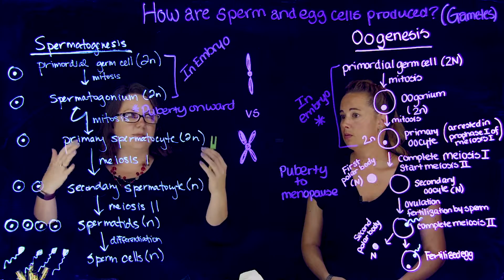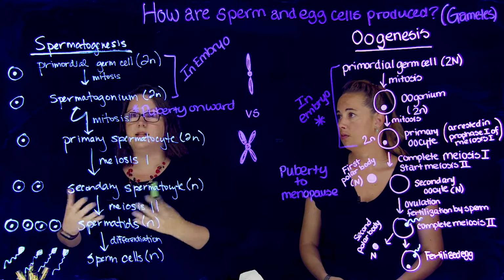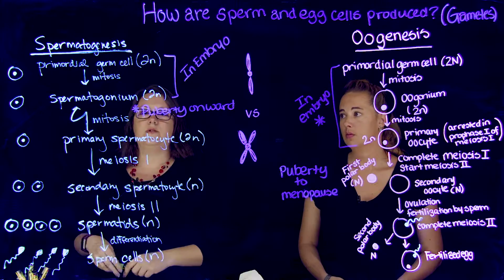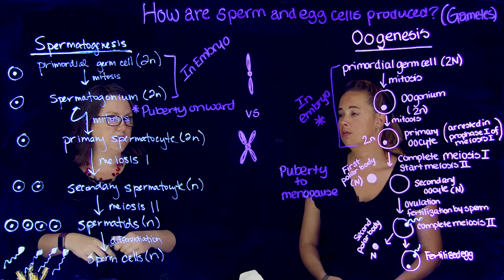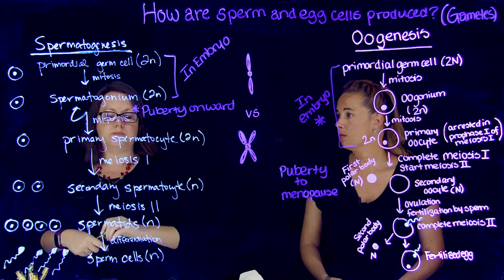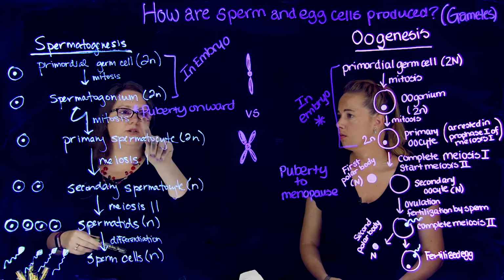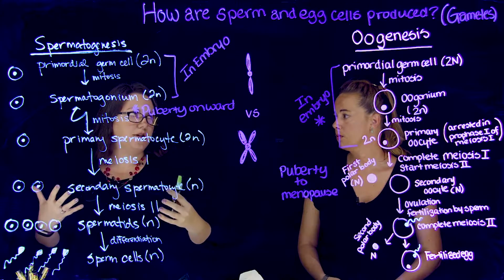Mitosis gives us 2 daughter cells that are genetically identical to each other and to the parent cell. So we build up this population of spermatogonium cells, and then we pause. These cells won't be really active until we get to the point of puberty and reproductive system maturation.